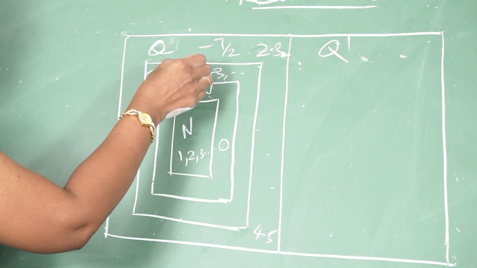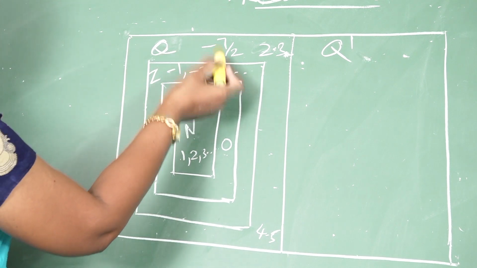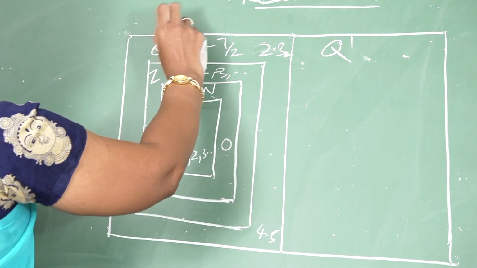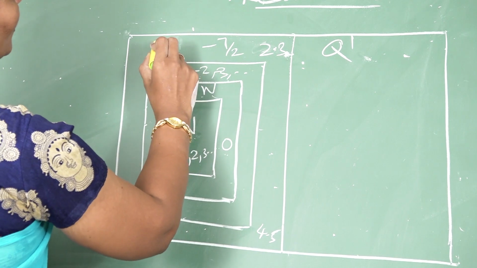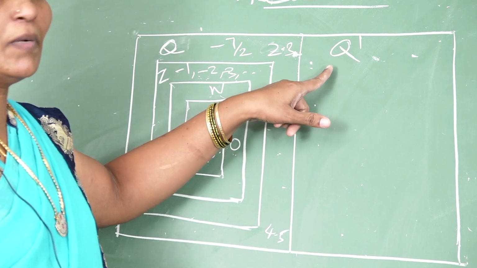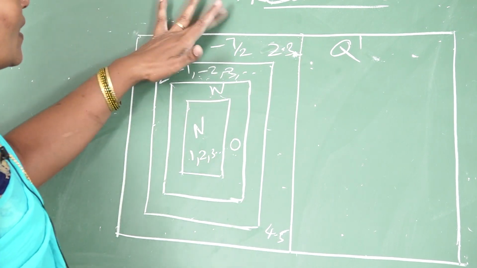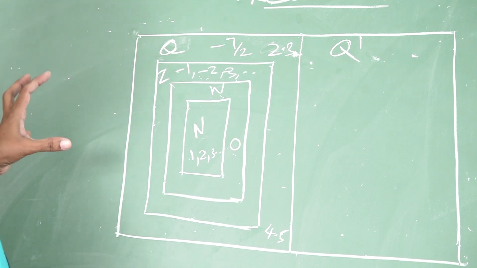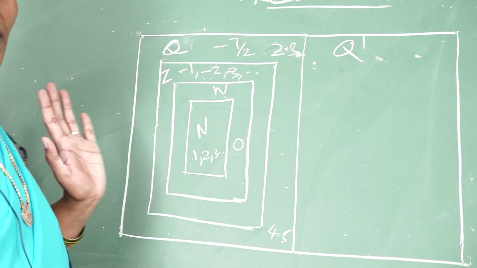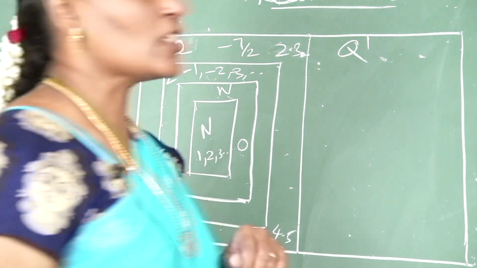Whole numbers included with the negative numbers are integers. Integers are included in the rational numbers, represented by Q, and the irrational numbers are represented by Q dash. So real numbers consist of rational numbers and irrational numbers. Understand? Now we see what is meant by rational numbers.